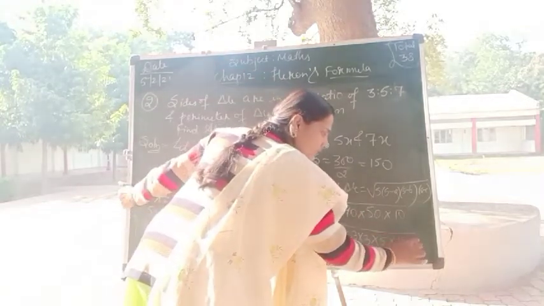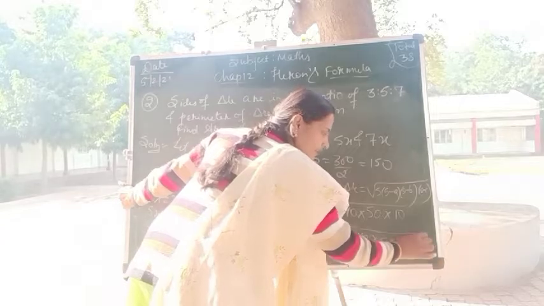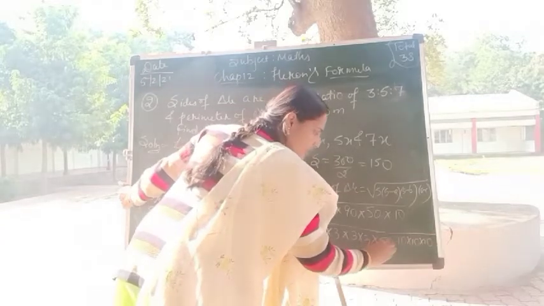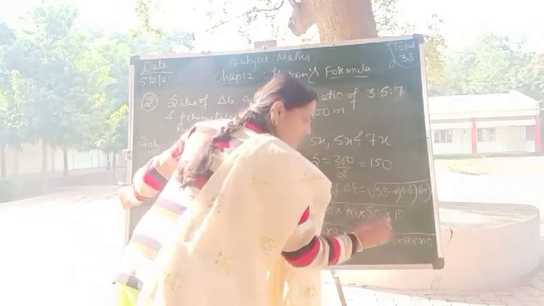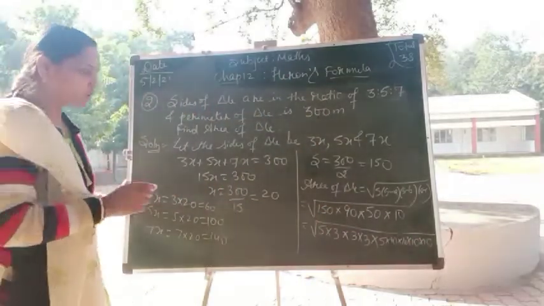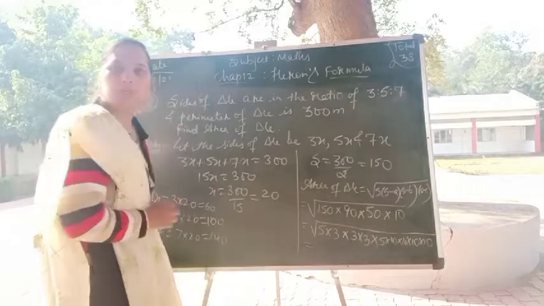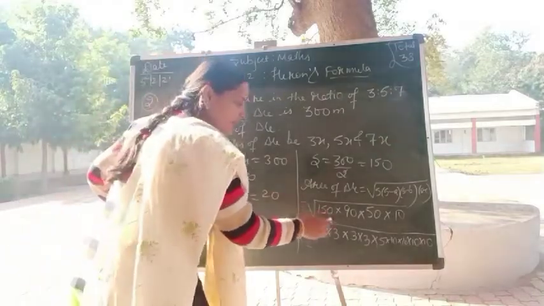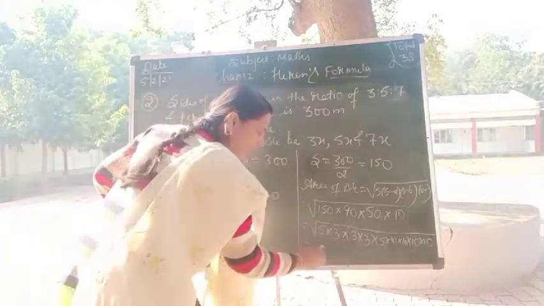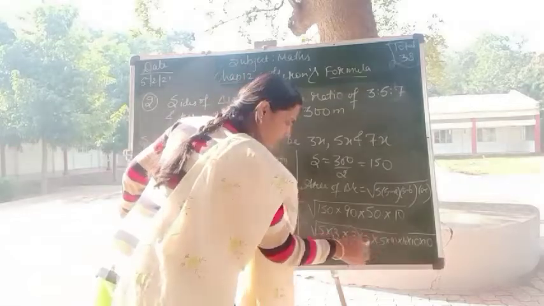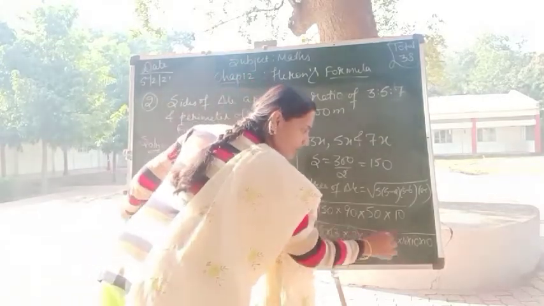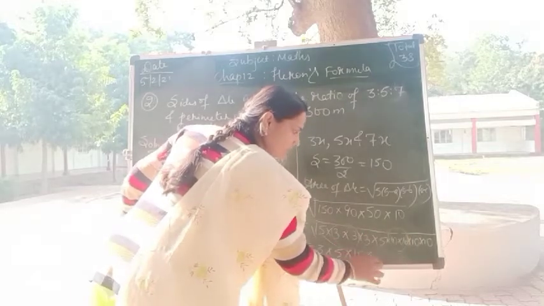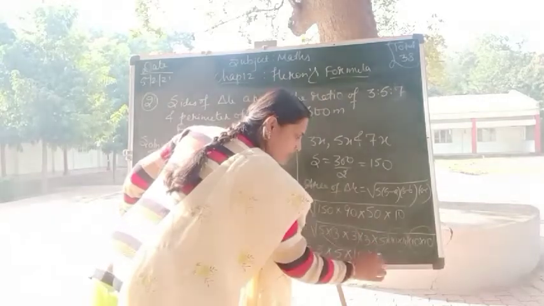Okay? 4 zeros at the end. Now start doing pairs. Find out the pair number. 3, come out. 5, come out. 10, come out. 10 comes out.